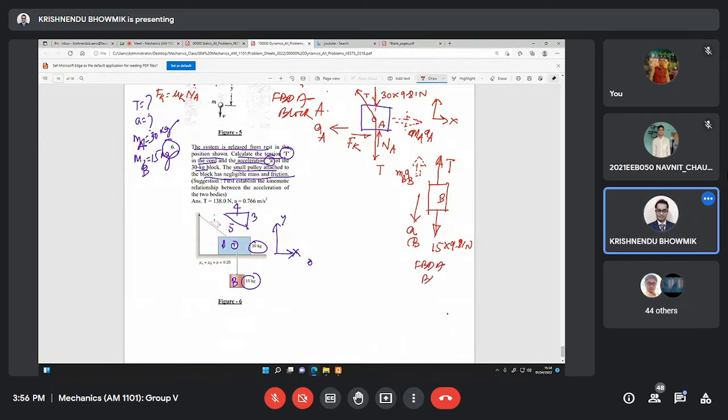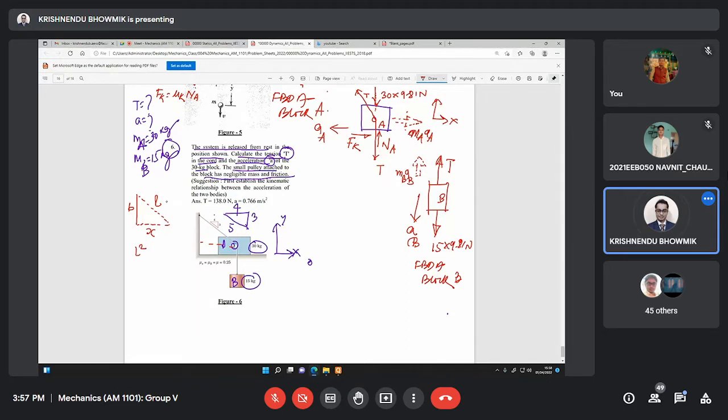Now another important thing is here. If I consider this triangle, this is B, say its height is B, this is say X, and this is L. Then it is following this expression.